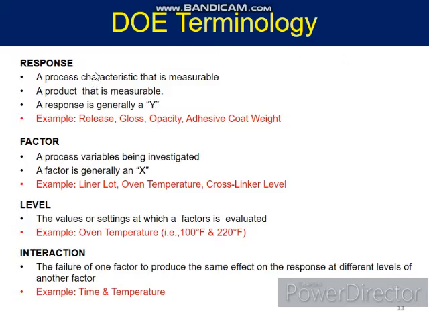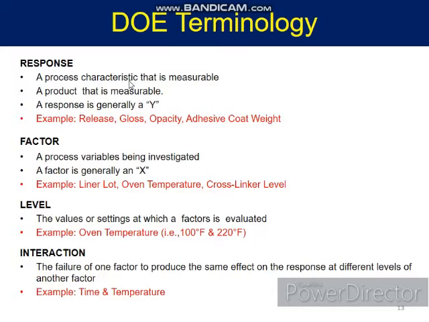For example, in the example that we did on the miles per gallon performance, the response is basically miles per gallon performance. And this process characteristic must be measurable, meaning that you can put numbers to it, like miles per gallon: 23, 24, 25.